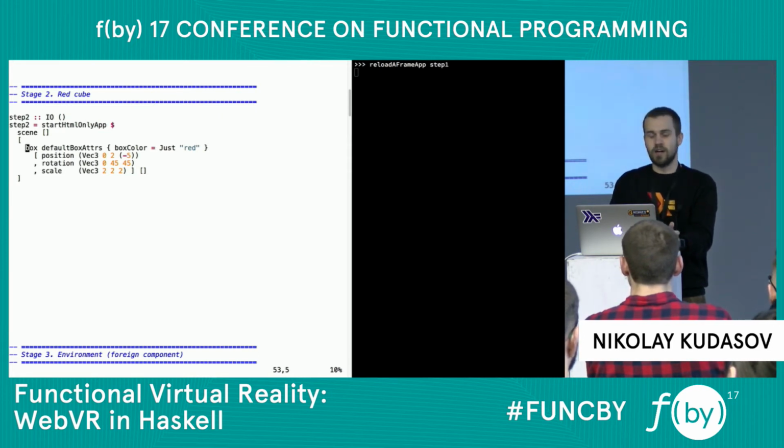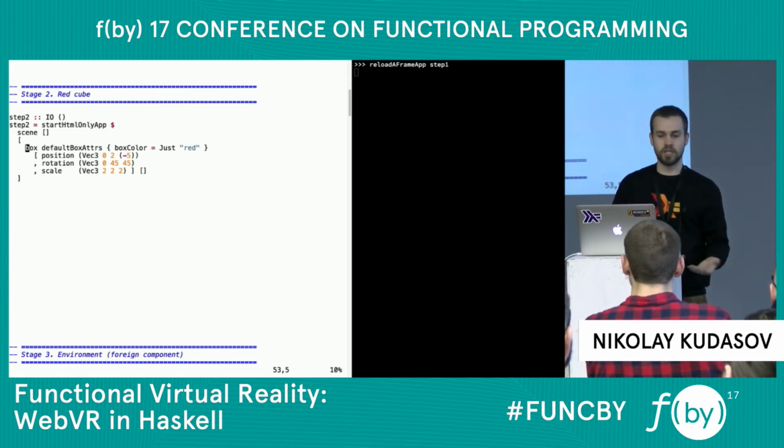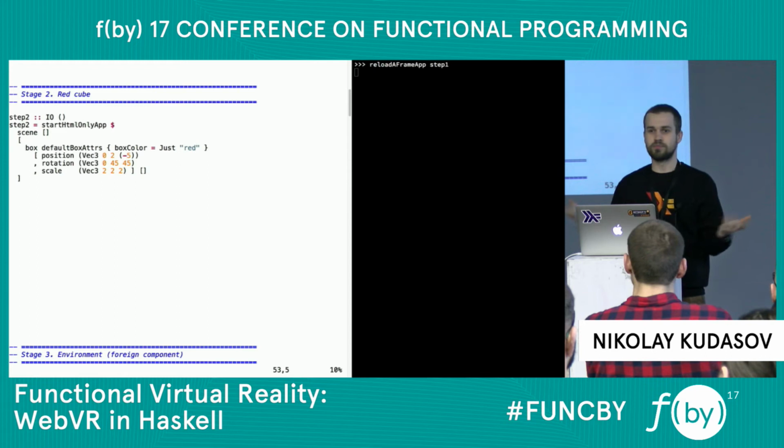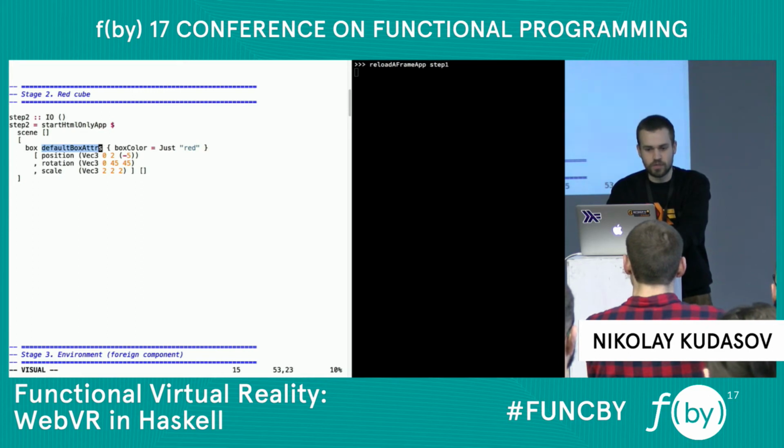And you could not tell which attributes are the initialization attributes for the box, which attributes are actually components added to the box entity, and which attributes are just, I don't know, something else. And here you can see that we have default box attrs. It's an argument to the box combinator, and those are the initialization arguments.